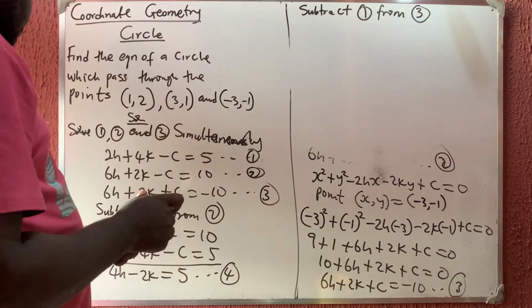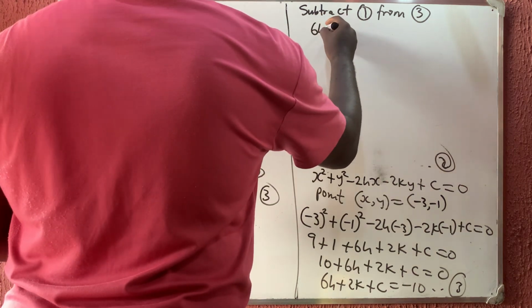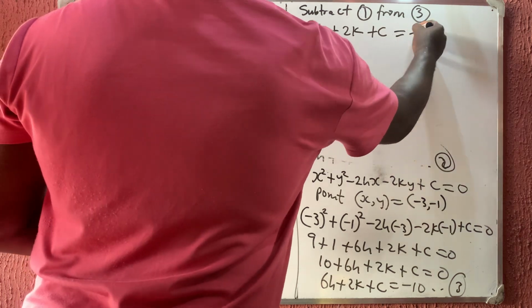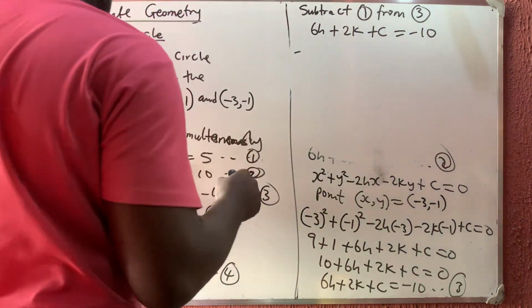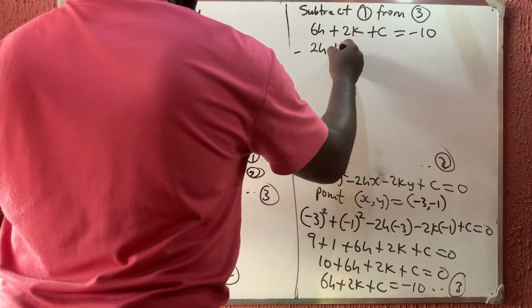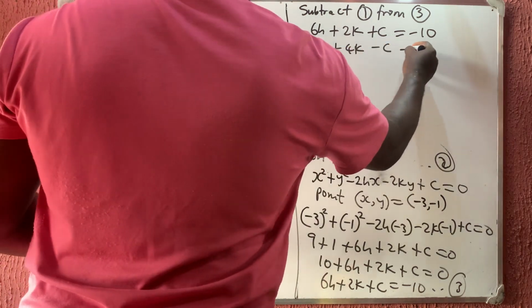My equation 3 said 6h plus 2k plus c is equal to minus 10, then minus equation 1, which said 2h plus 4k minus c is equal to 5.